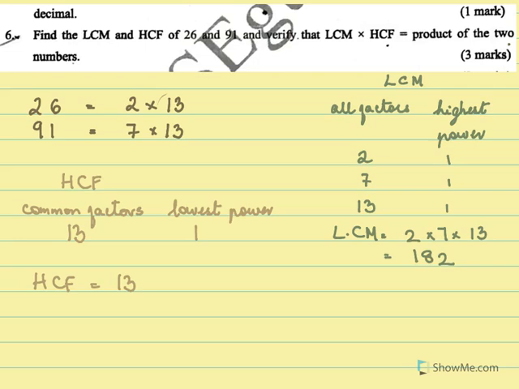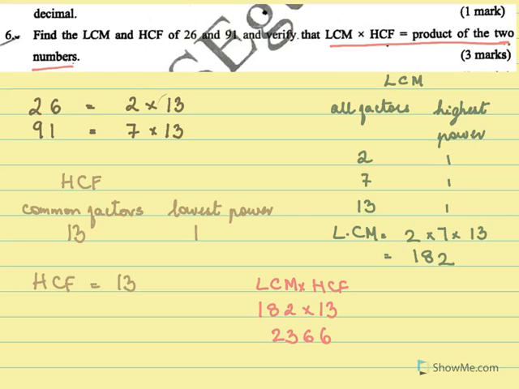The next part of the sum tells us to show that the product of LCM and HCF is the product of the two numbers. So first I have to find what is LCM into HCF. LCM is 182 and HCF is 13, and this product comes to 2366.